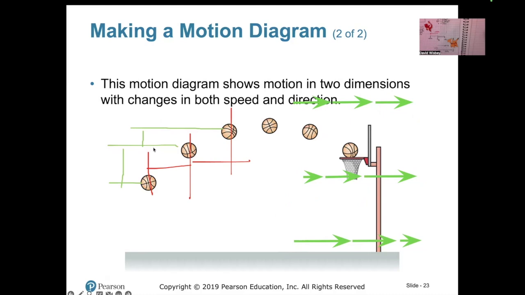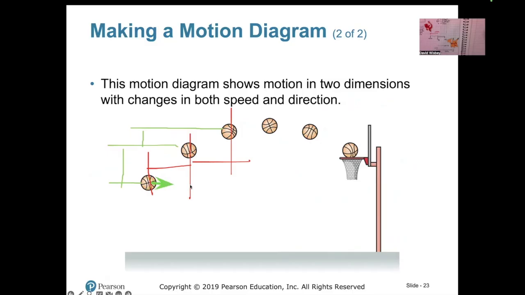And here's my basketball. All right, so with my basketball here, there are two kinds of motion: motion in X and Y. When I throw my basketball, it's moving this way.